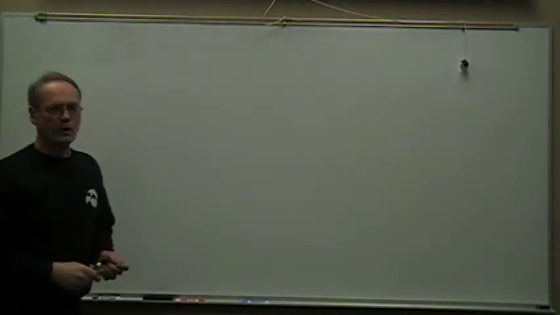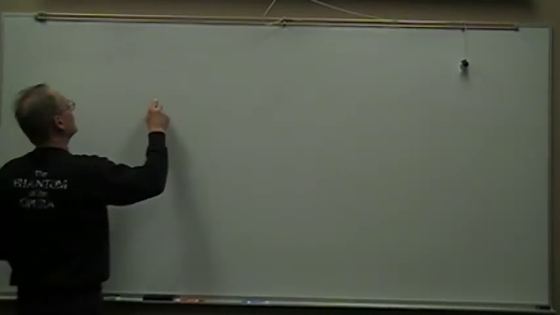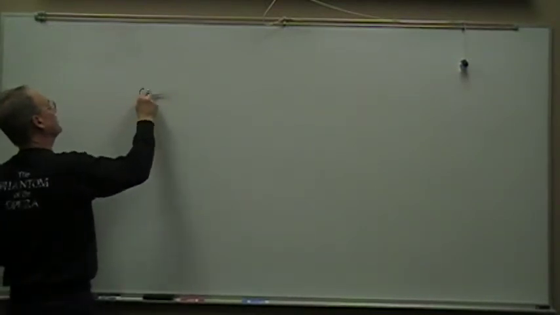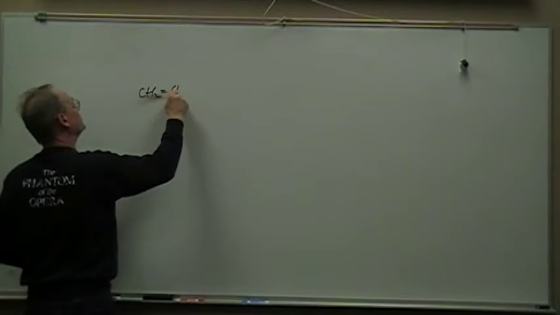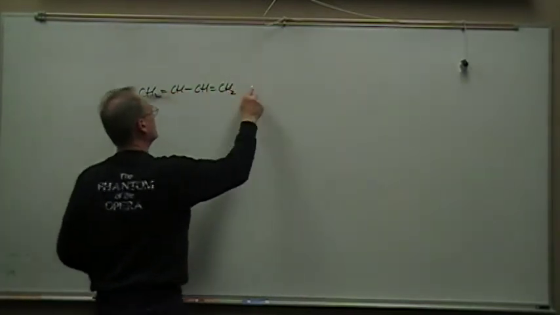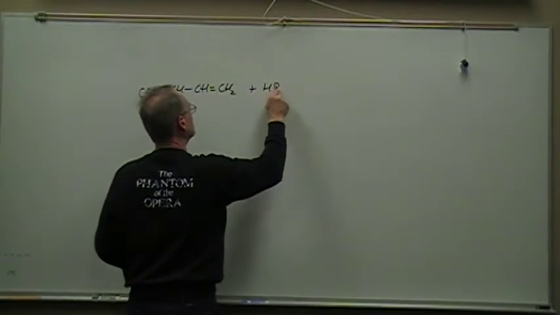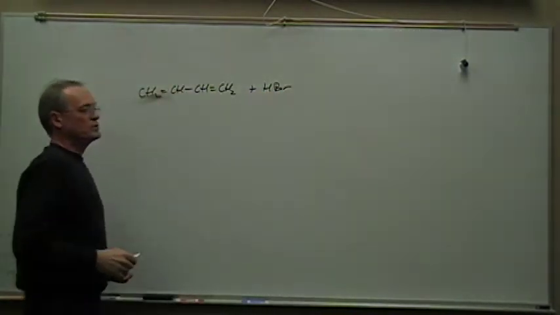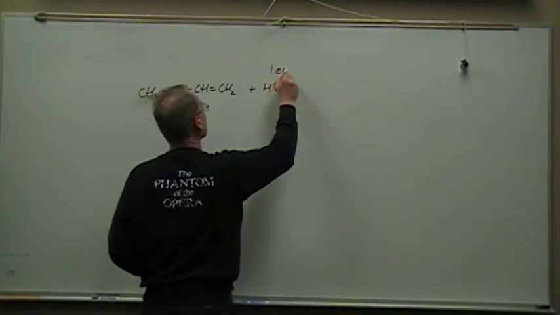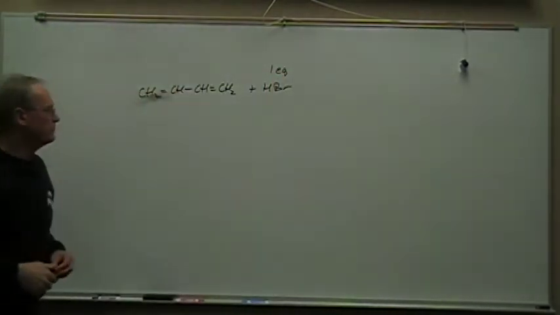And this is just plain old HBr, no peroxides or anything like that. What if we add it to a conjugated diene? And again, let's start with a simple one. And we're just going to add one equivalent. What are we going to get?